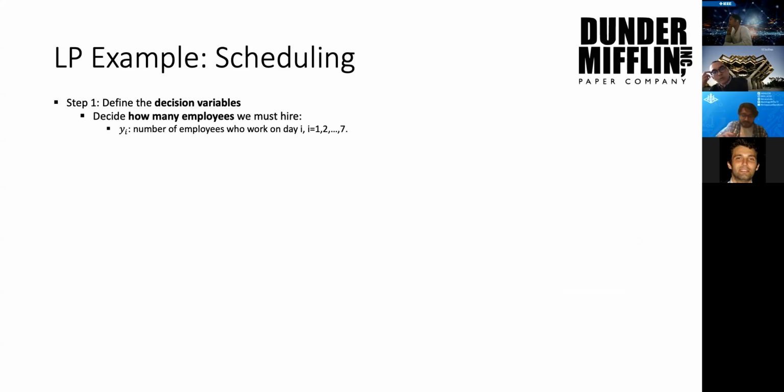So let's call this yi, and this corresponds to the number of employees who work on day i, from 1 to 7. Okay. Do you think by this decision variable we can solve this problem? What do you think? I want to hear some opinions.